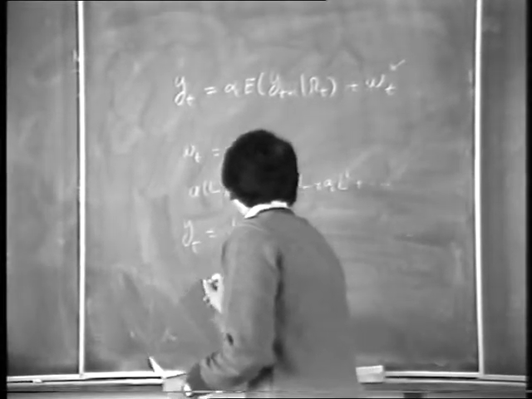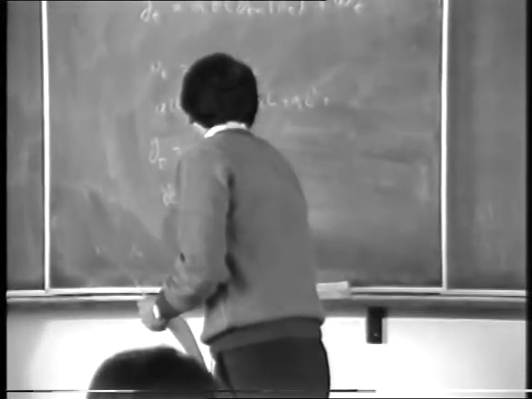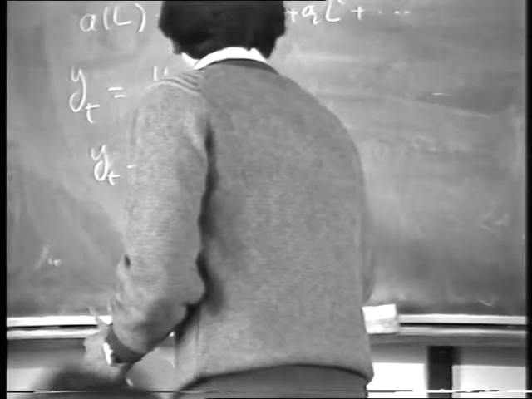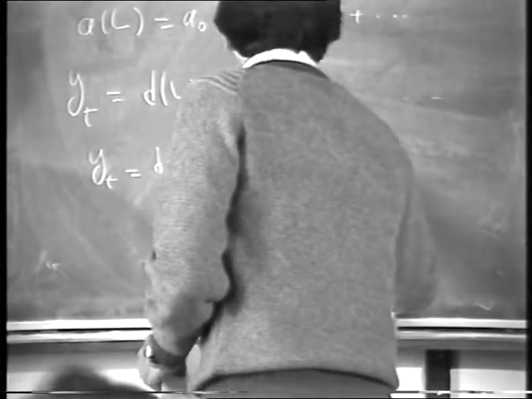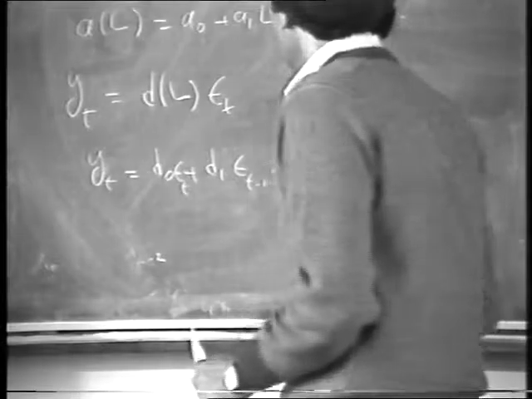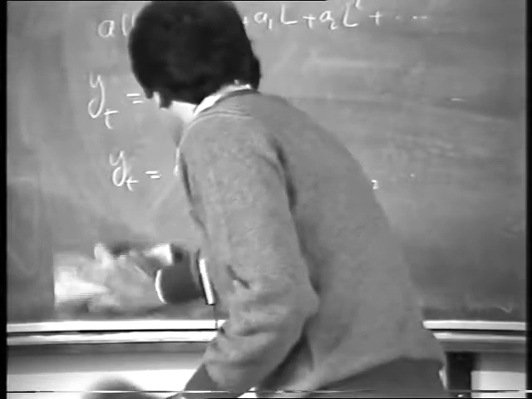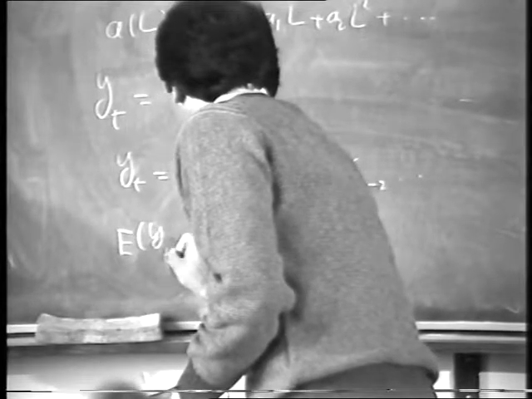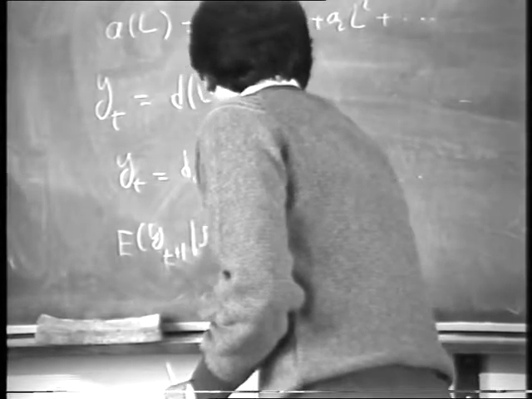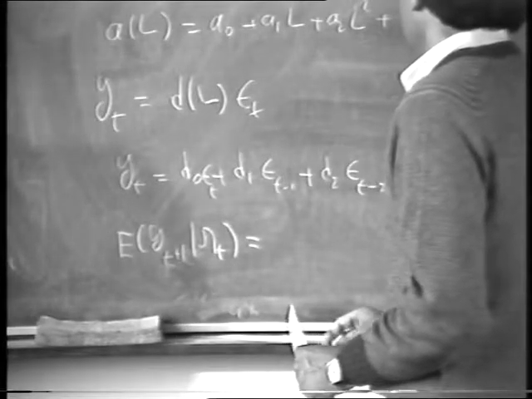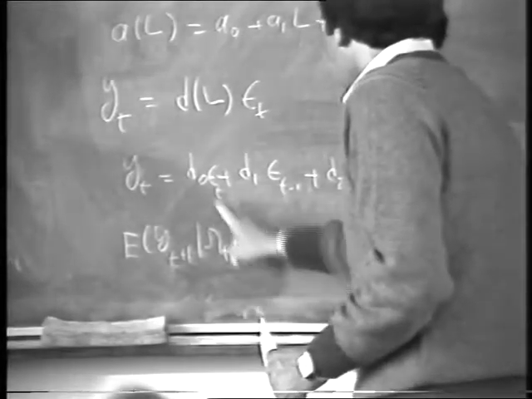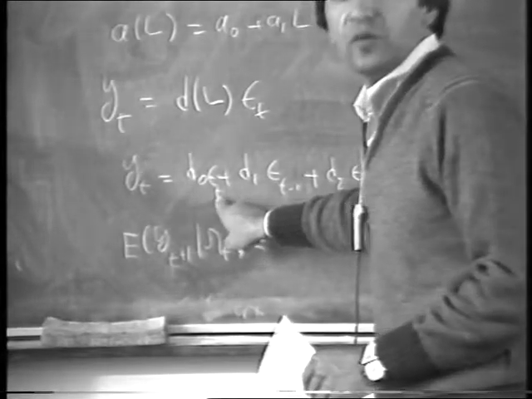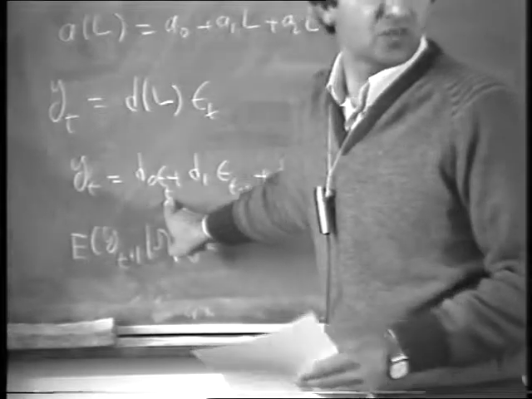Firstly, we write YT equal to D0 epsilon T plus D1 epsilon T minus 1 plus D2 epsilon T minus 2, and so on. From this, if you raise it by one time period, the expected value of YT plus 1 conditional on omega T becomes equal to, the first term, D0 epsilon T plus 1 conditional on information omega T, becomes 0 because it's white noise.